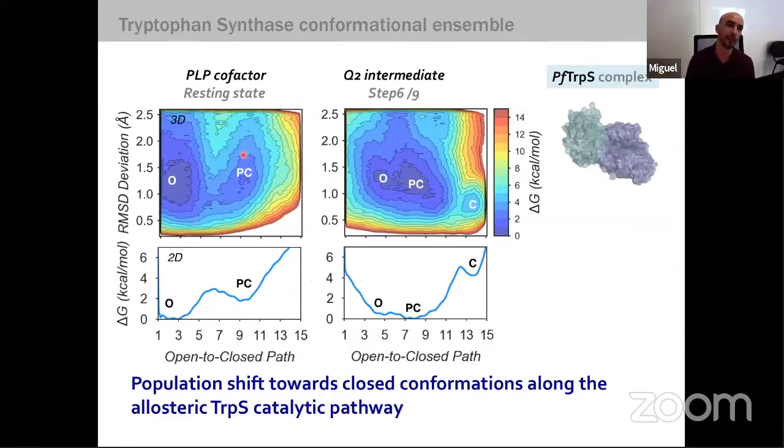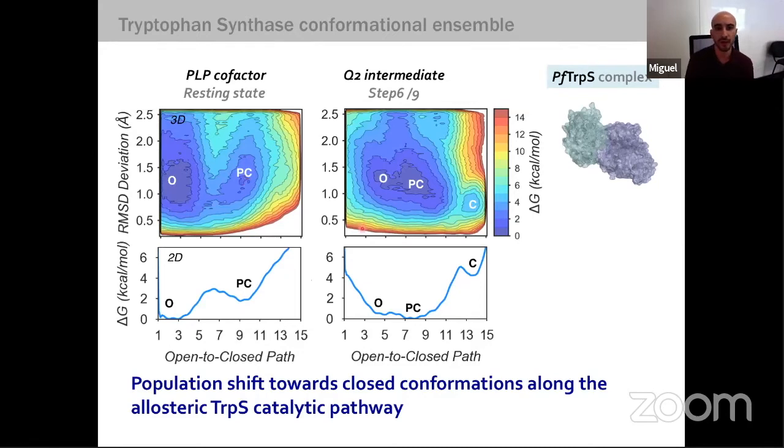If we look at the left, we observe that in the resting state, the most stable, or more likely, conformations are open conformations, which is in line with its function for substrate entry at this point. But some partially closed states are also visited.